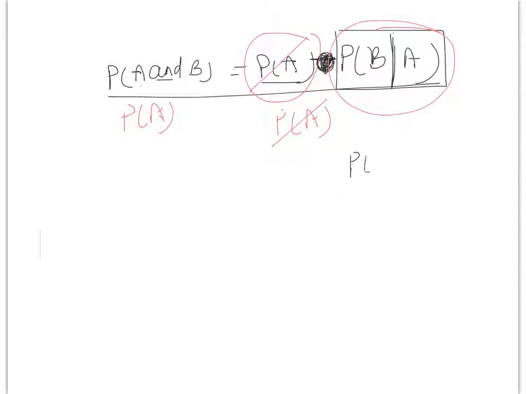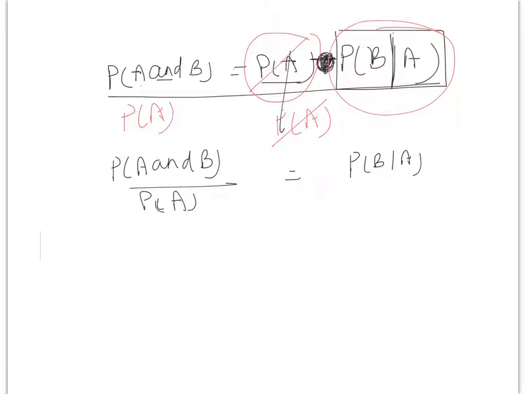So probability of B given that A happened is equal to, now that these two are cancelled, probability of A and B divided by probability of A. So this is the formula that you'll have to use if you have to find the probability of a conditional, B given A. Now what if I had to find the probability of, let's say, C given D?